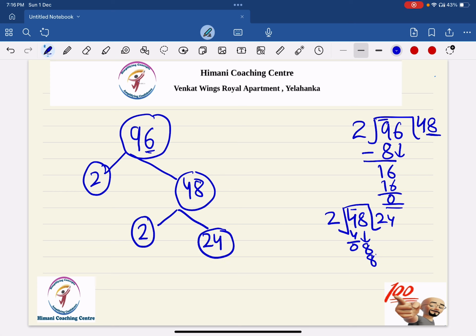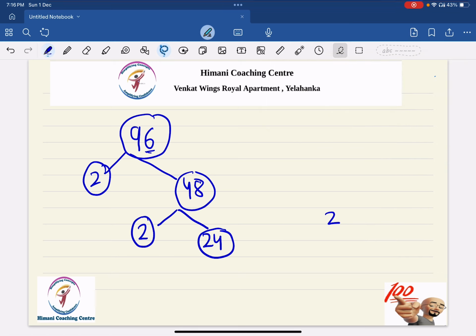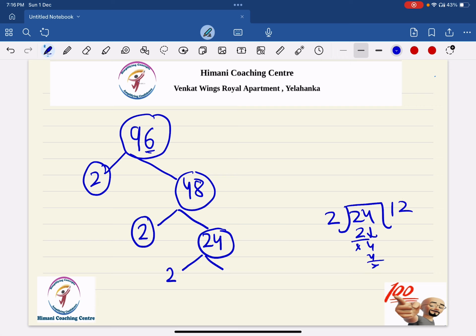Now kids, look at 24. The unit digit is 4, which is again an even number. So let us divide 24 by 2. 2 ones are 2. Bring down 4. 2 twos are 4. So 24 now can be written as 2 times 12.